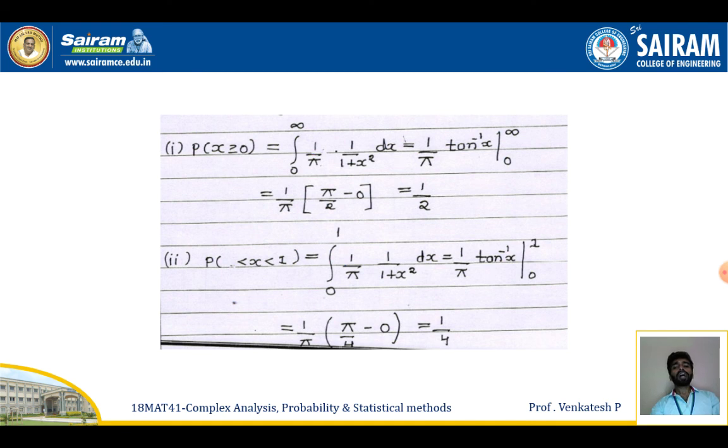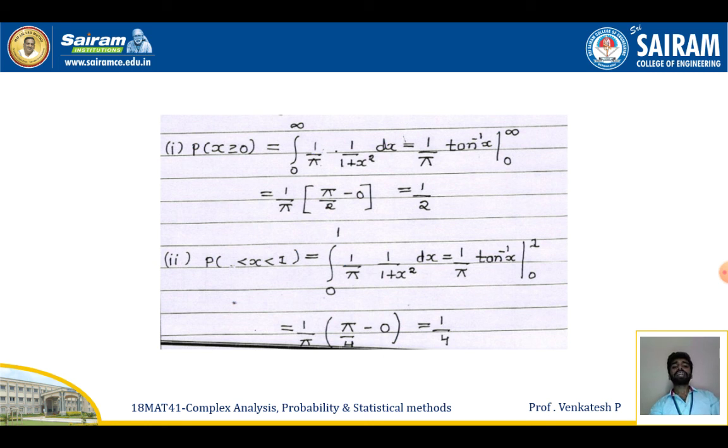Now we'll see how to find P of X greater than 0. Since x is greater than 0, the limit varies from 0 to infinity; only the positive limit I can take here. So the integral from 0 to infinity of f of x dx. Since the function is k by 1 plus x square and k is 1 by pi, I get the integral from 0 to infinity of 1 by pi times 1 by 1 plus x square dx.